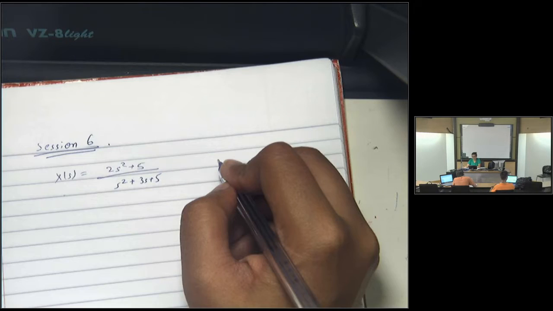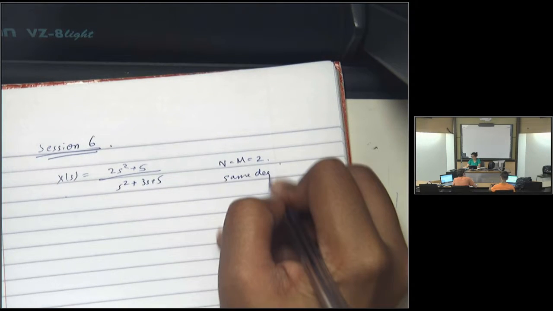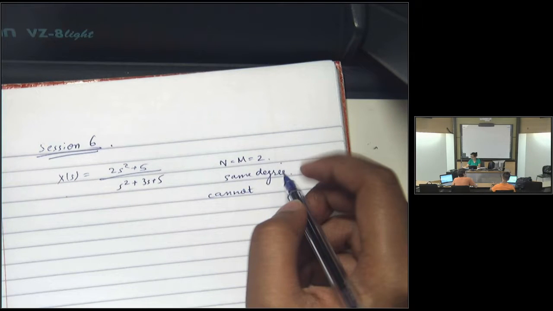Both the numerator and denominator have a degree of 2 over here, so n and m are 2. They have the same degree, and when they have the same degree, we cannot do partial fraction expansion.